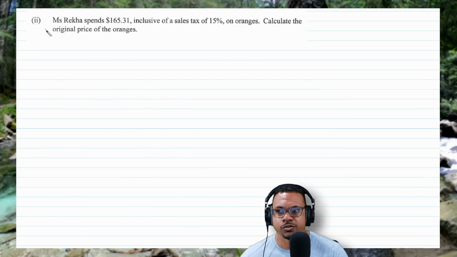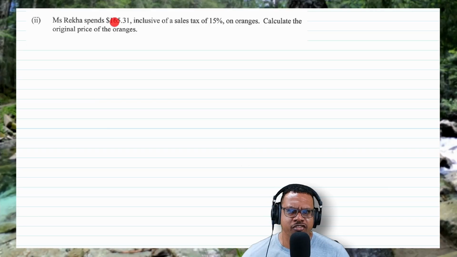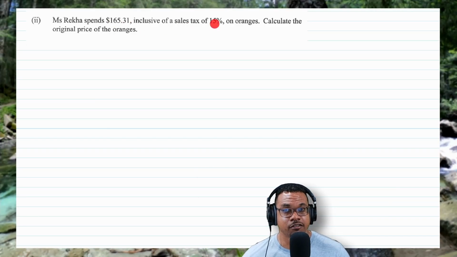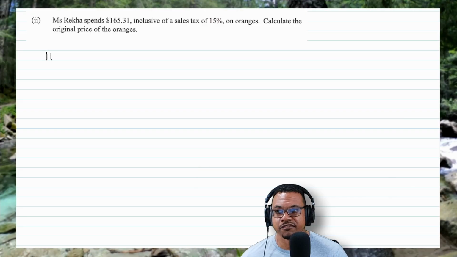So here we have B part 2, where she spends $165.31, which is inclusive of a sales tax of 15% on oranges. We want to calculate the original price of the oranges. This price here includes this 15% extra. So we'll consider 100% to be the original price, and therefore 115%, which is with the 15% extra, would be this $165.31.